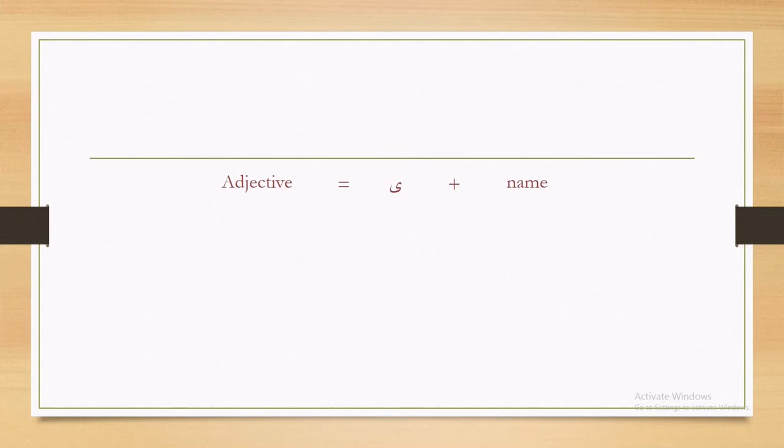For example, hend means India. That's the name of a country. But when we add ye to hend, we have Hindi.